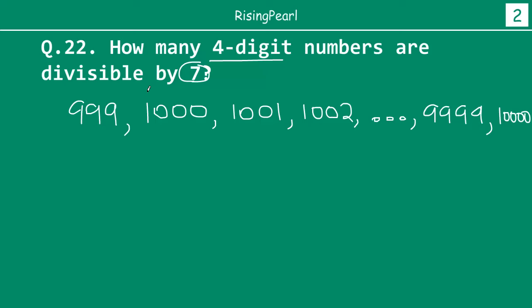So we are talking about 4-digit numbers. Our initial set, we are going to focus on, is from 1000 through 9999.